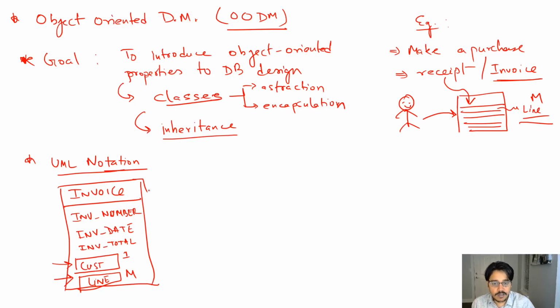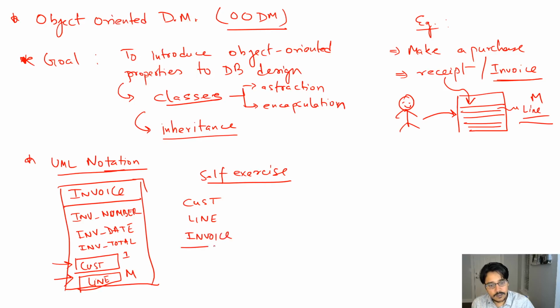So now that you understand that, as a self-exercise, of course this is done in your book, but without looking at the book, there are three entities here. You have customer, you have line, and then you have invoice.